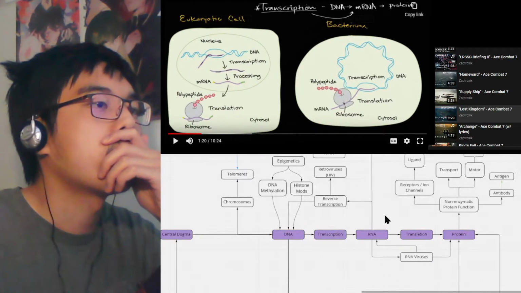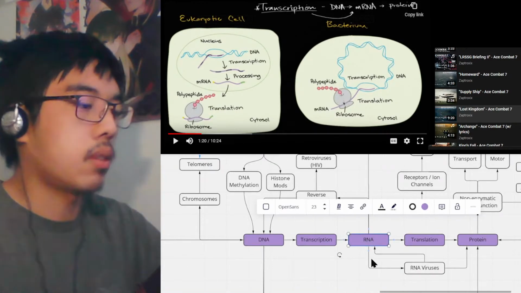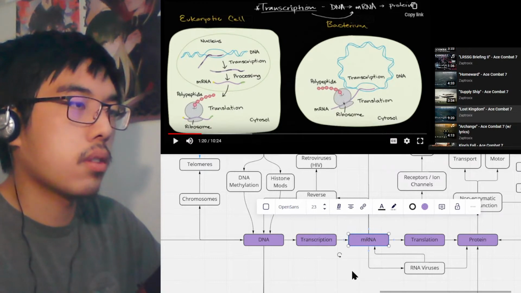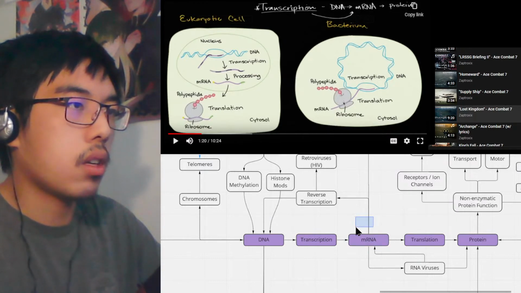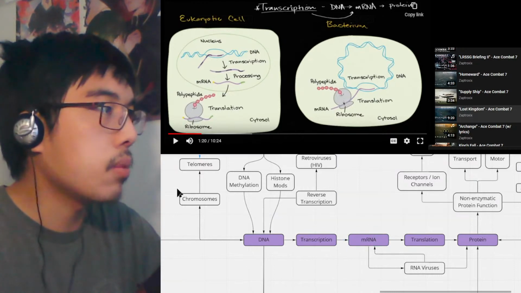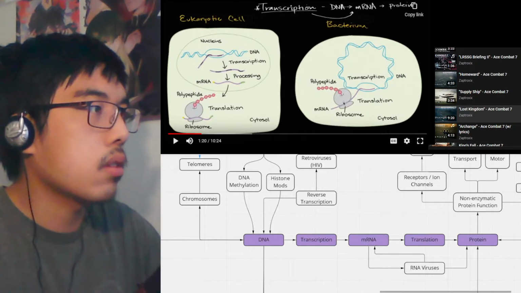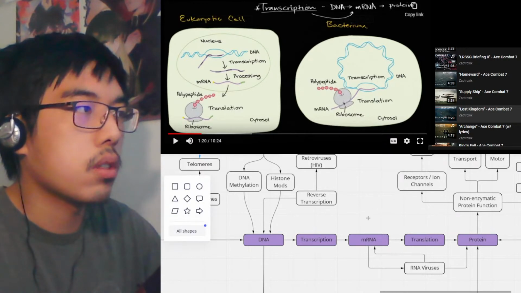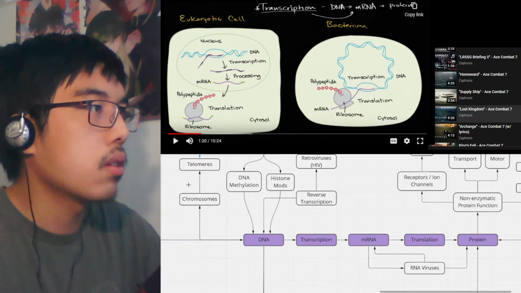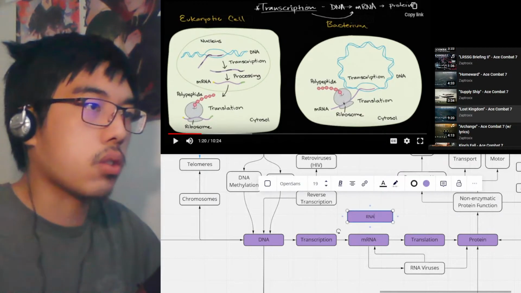Maybe I should do mRNA here, and then mRNA is going to be approached by RNA. Give me that tool. There we are. Okay. So this is RNA, actually.